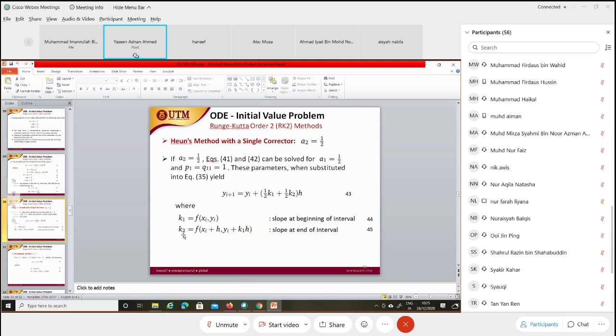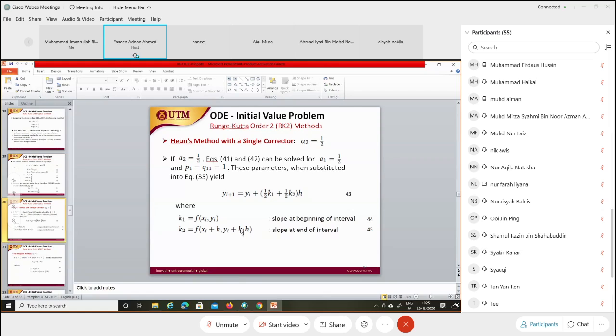When you get k2, you will use the same derivative, but instead of the x coordinate xi, you will put x coordinate plus h. You already know this value, so you calculate this sum, and that will be your x coordinate. In the case of y, you will use yi, the value that is given to you, plus k1 multiplied by h, the k1 you already got.